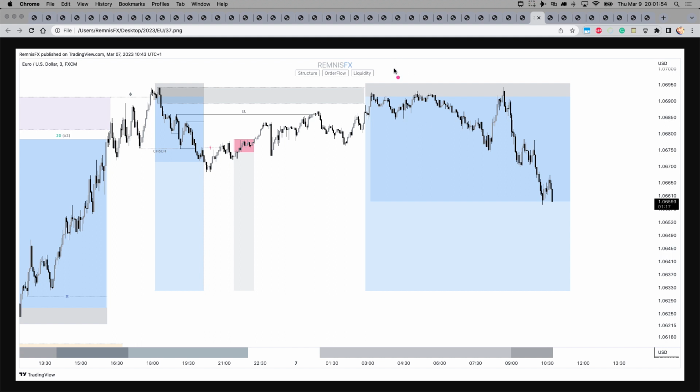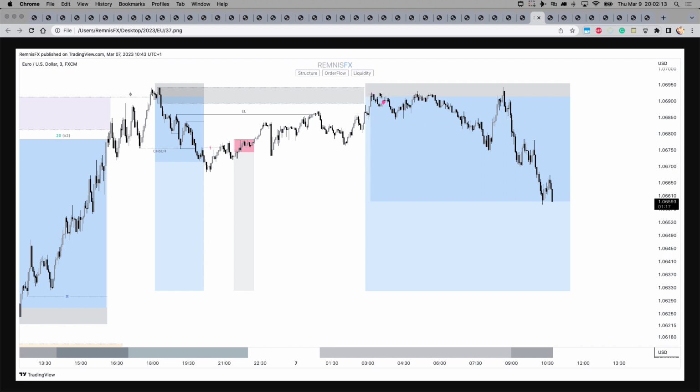And let me show you guys why. Because here, price came back, took out this high, right? That mitigated this POI. And then it gave here inducement, right? So basically you didn't have to enter immediately like this here.